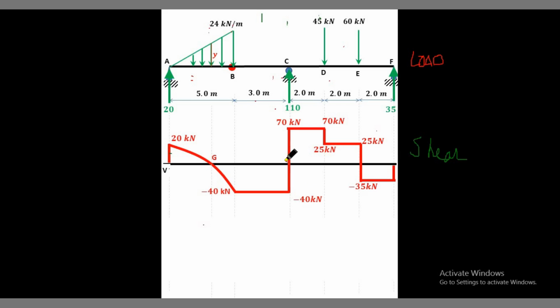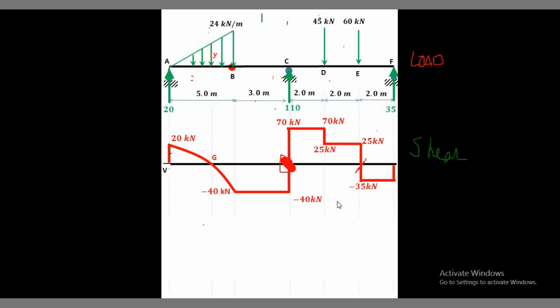Then, nag-zero out dito ulit. Nag-zero ulit dito. So, I need those distances. Walang problema sa point na to kasi alam ko na kung ano yung distance nito from B, that is 3 meters. Then, itong point na to hanggang dito sa point na to, that is 4 meters. So, walang problema doon.